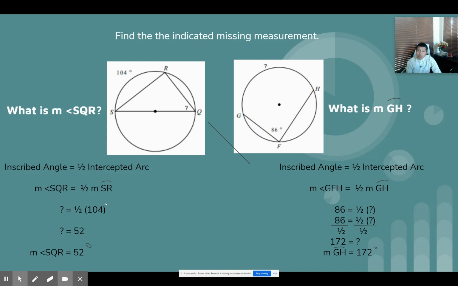Or multiply by 2. So we would have 172 degrees for the measure of arc GH, because inscribed angle GFH measures 86. So you multiply it by 2, and we are getting 172 degrees.